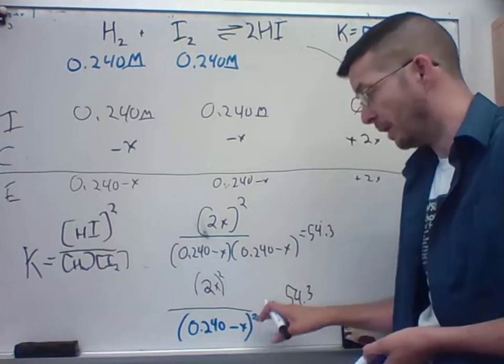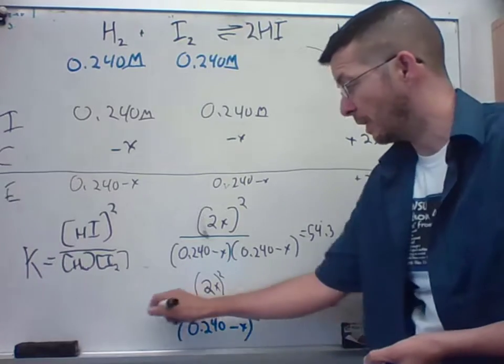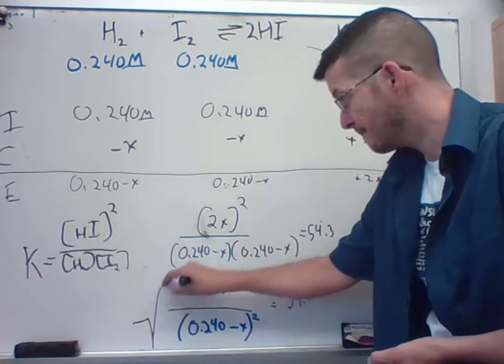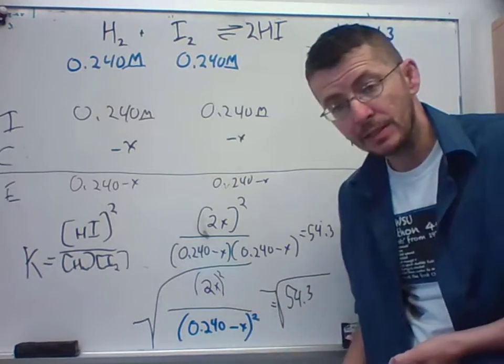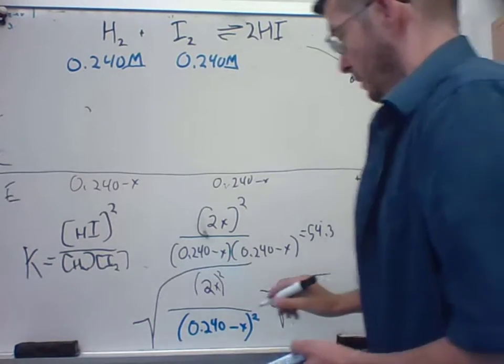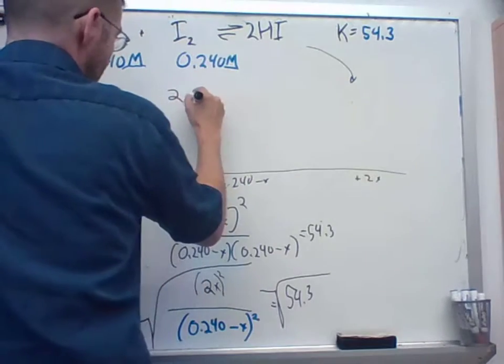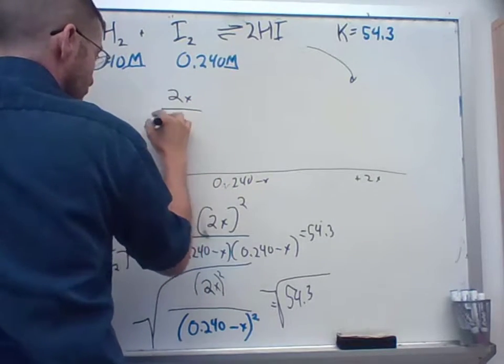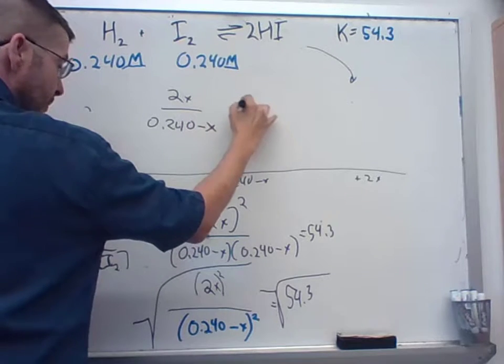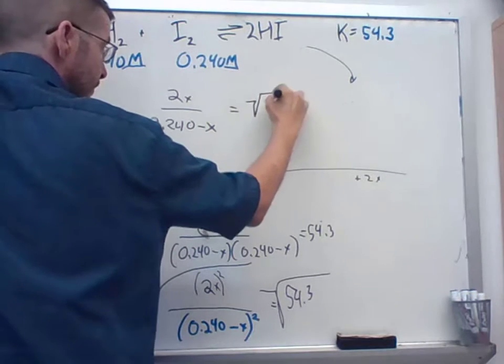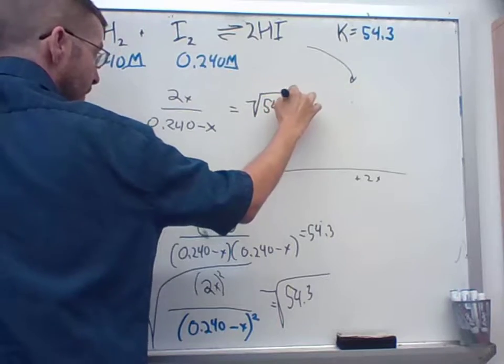And because we can write these two together, we see that this is a perfect square. This is 2 square units, and so if we took the square root of both sides, we would eliminate this square term. And so this becomes 2x over 0.240 minus x is equal to square root of 54.3.